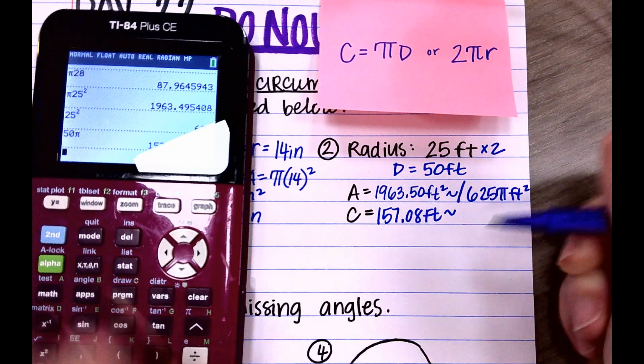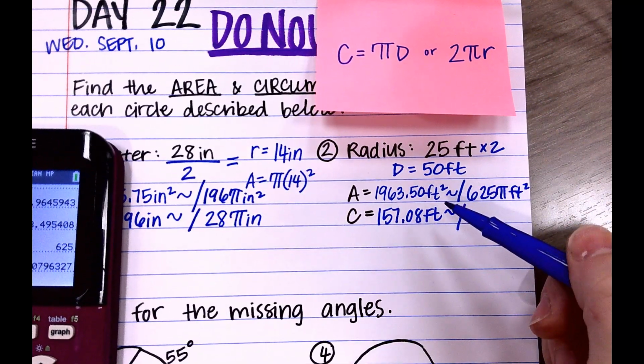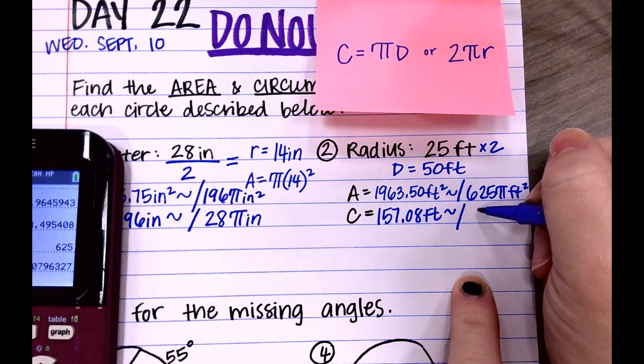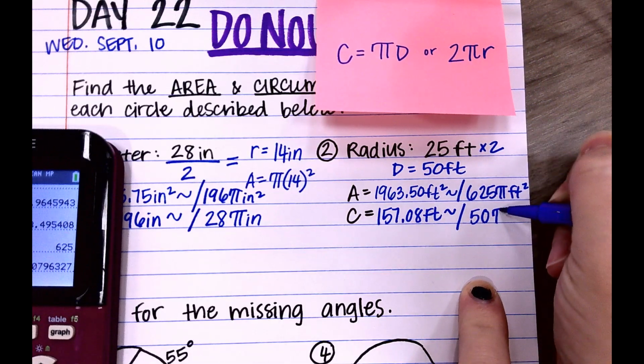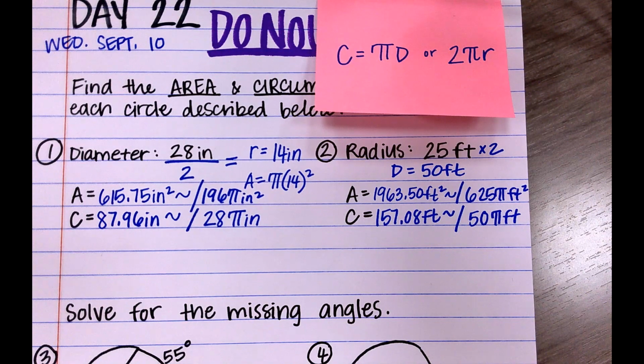So we'll put the tilde because it's only approximate. And our exact circumference would be 50 pi feet. Okay. We've just done number 1 and 2.